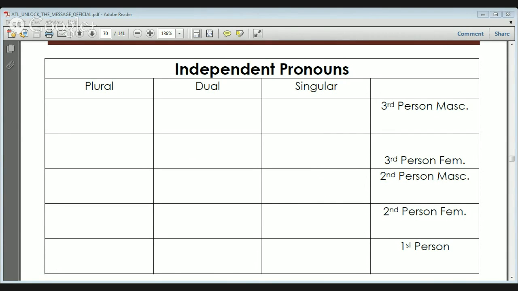Surah Al-Shu'ara is Surah 26, I believe. Okay, let's try that again.